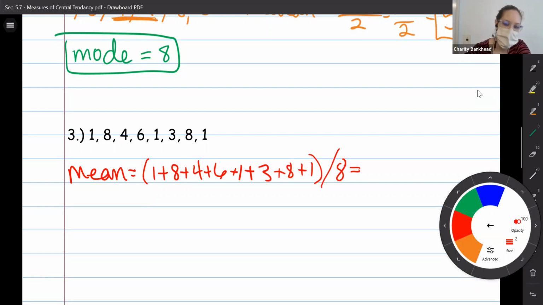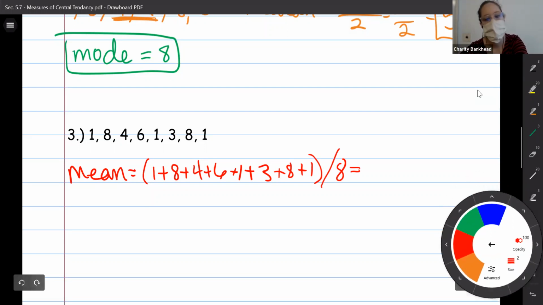I believe that's going to be 32. So 32 divided by 8 is 4.